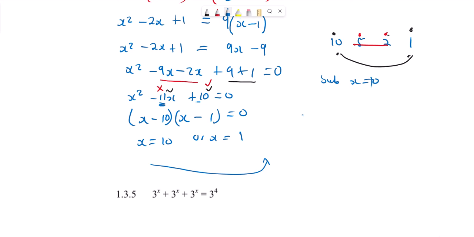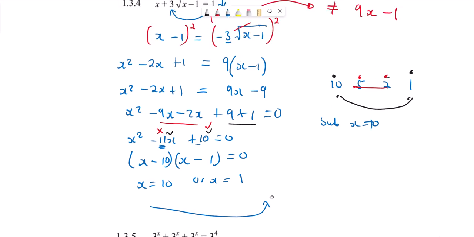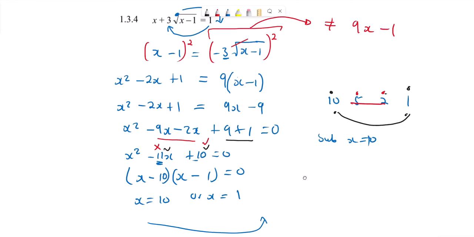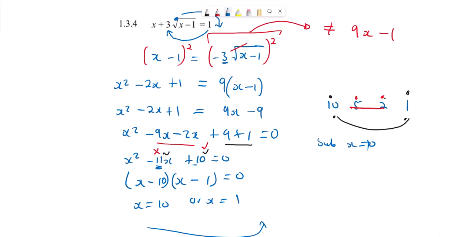So that will be, where's our equation? Okay, so we're going to use this and substitute. So that will be 10 plus 3 square root of 10 minus 1.